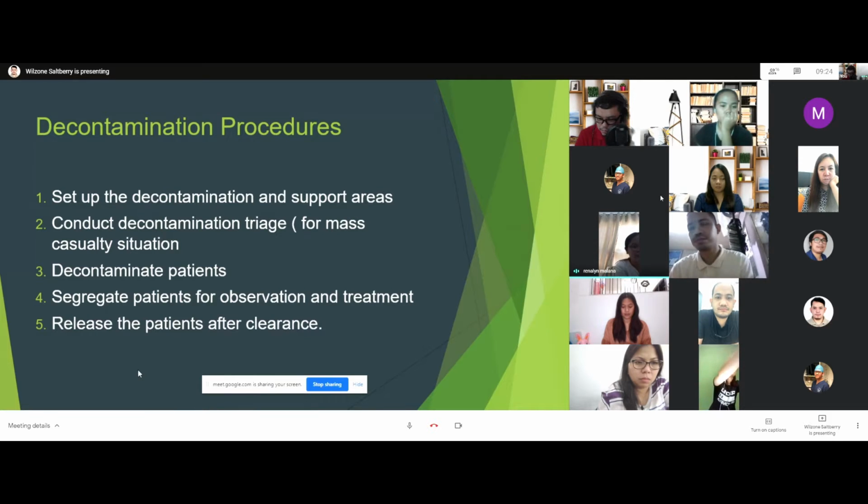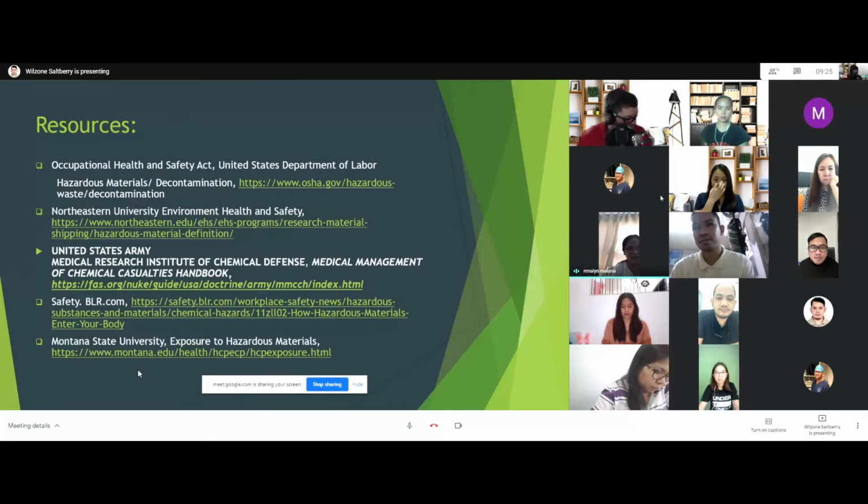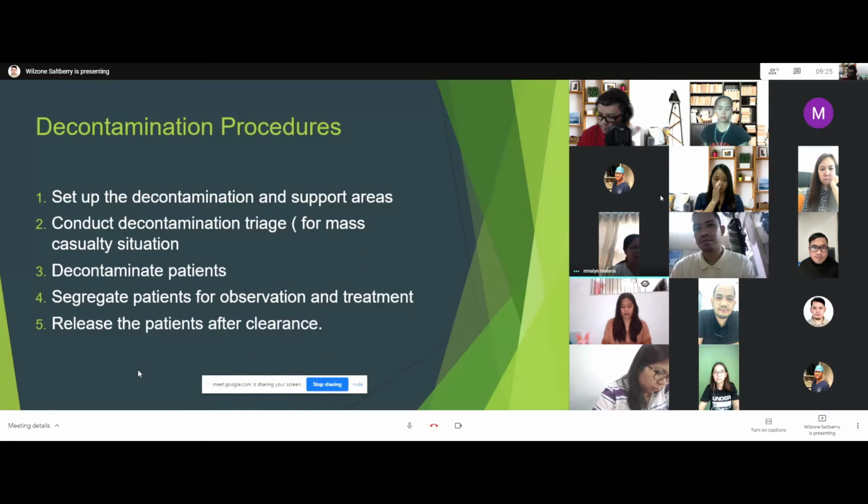Fifth is to release the patient after clearance. Prior to release, evidence of residual contamination should be examined by trained medical personnel. Secondary decontamination is necessary to perform as needed.